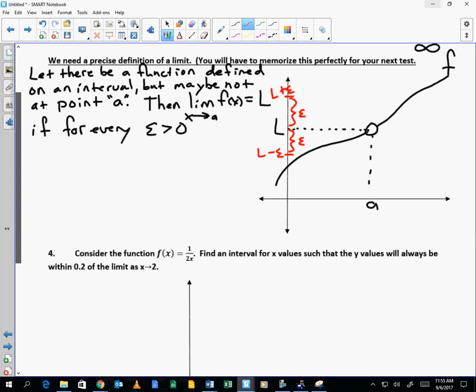So we want to ensure that our limit is between those two values. So if for every epsilon greater than 0, there is a delta greater than 0. I'll draw some deltas here for you so you can see a few.